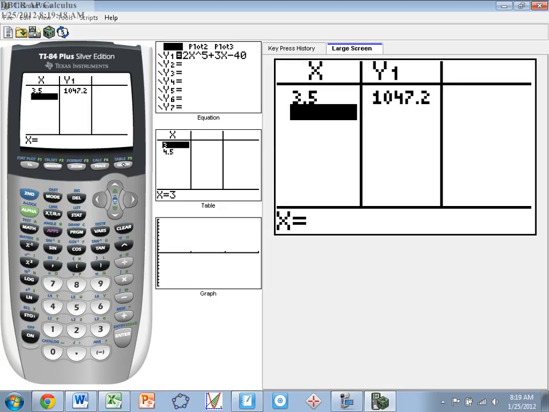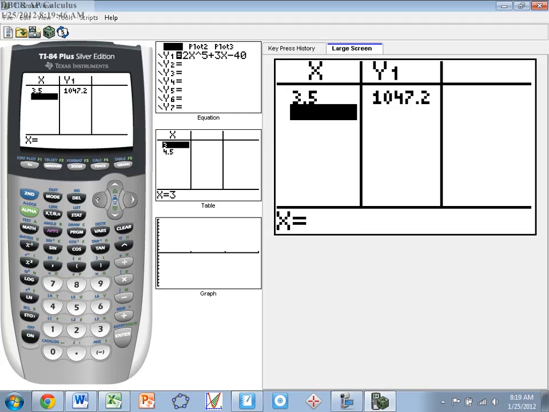If you're over on the y column for some reason, go back over to x and plug in the number. Type in 3.5 and hit enter. You are giving the calculator the x value. It's not going to have it there for you. Again, this process is very useful when you're trying to evaluate a function over and over again.